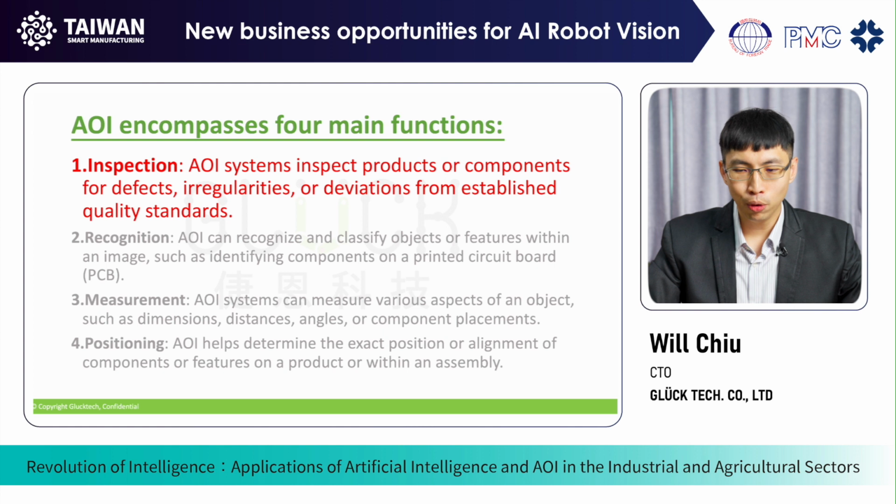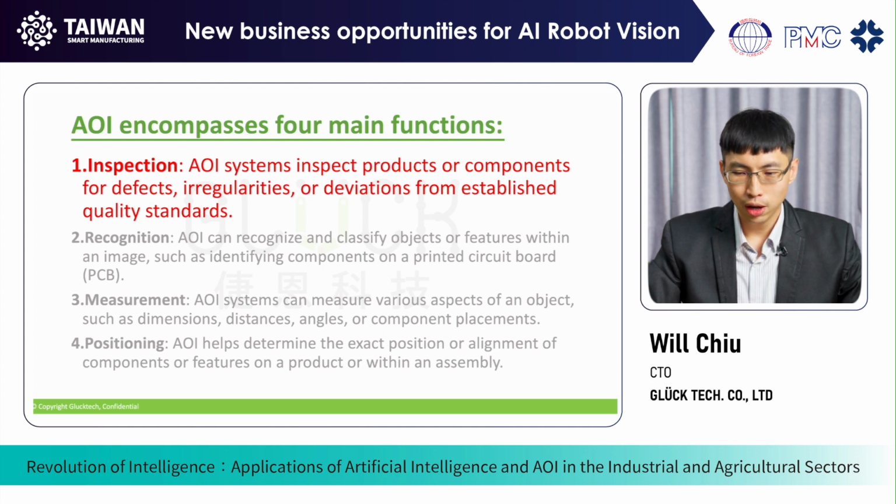AOI is a broad-reaching technology that typically encompasses four main functions. We will walk you through each of these functions one by one and demonstrate their real-world applications in various industries.